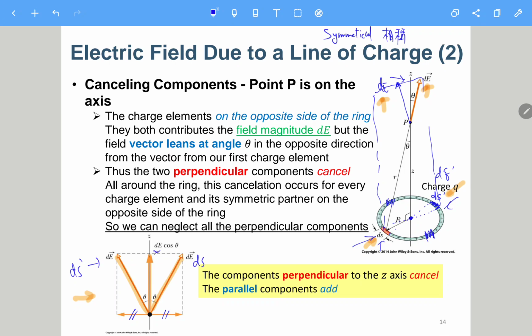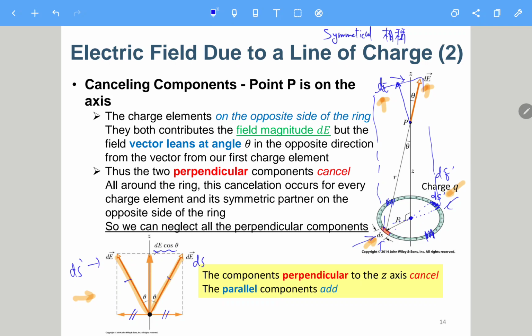But of course, the vertical components cannot cancel each other, because for these two vectors, the vertical components point in the same direction. So at least we only need to consider the vertical component rather than the horizontal component. The horizontal component must be 0 on this axis.